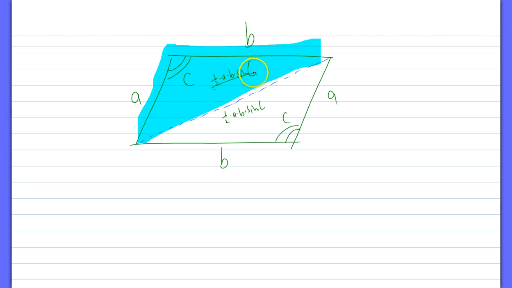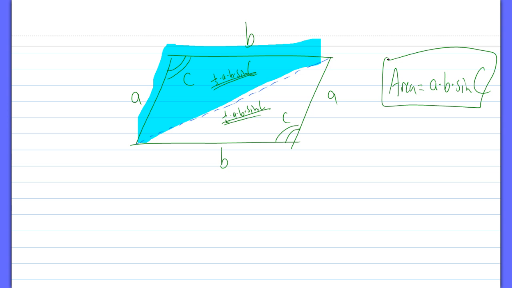We want to add the area of this top one plus the area of the bottom one. So 1/2 this plus 1/2 that equals 1 whole. Specifically then, this is another formula for us. The area of a parallelogram is little a times little b times the sine of angle C. Another formula for us, this time to find the area of any parallelogram.